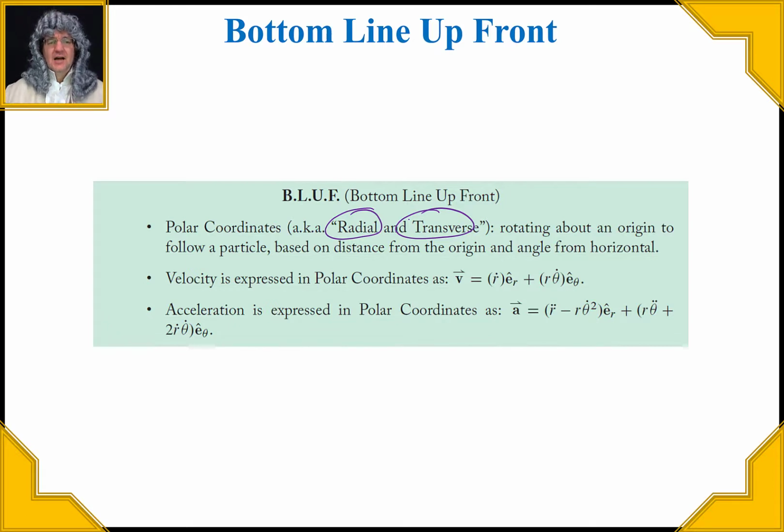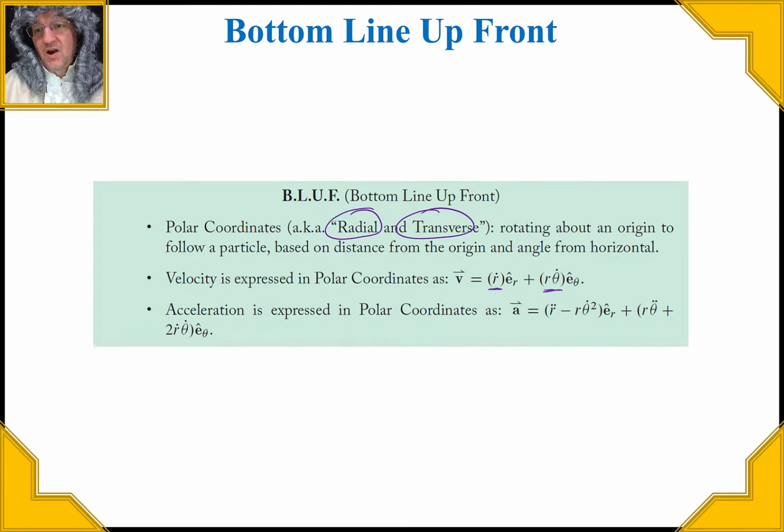In this case, velocity is now expressed in terms of the rate of change of the distance from the origin, right? So that's going to be a magnitude r dot with a unit vector e_r for radial. And then the magnitude of the other component of the velocity is going to be r theta dot, and that's going to be in the e_theta unit vector.